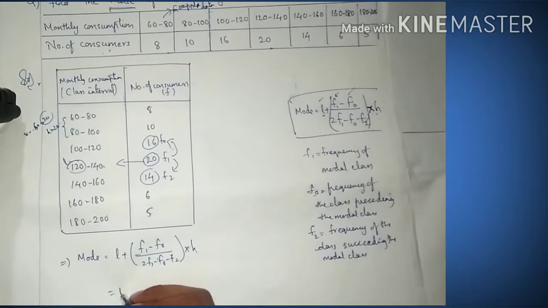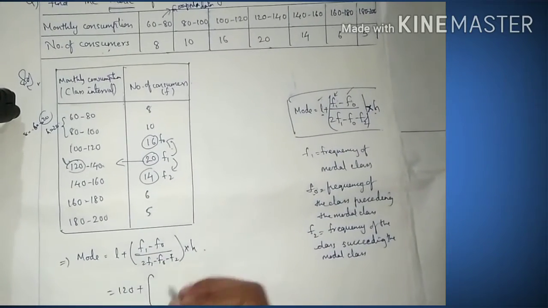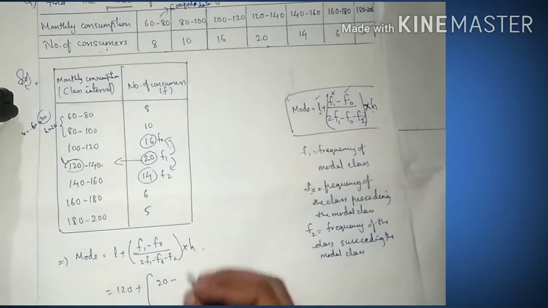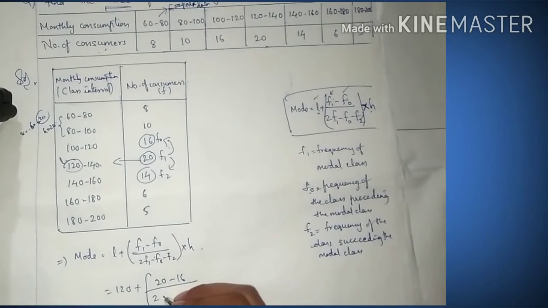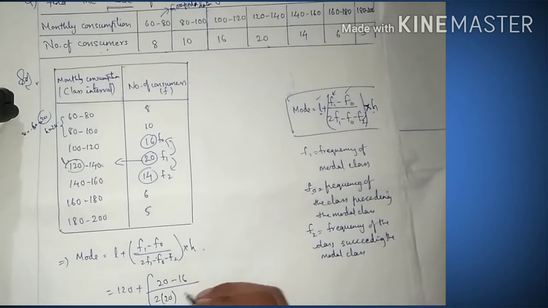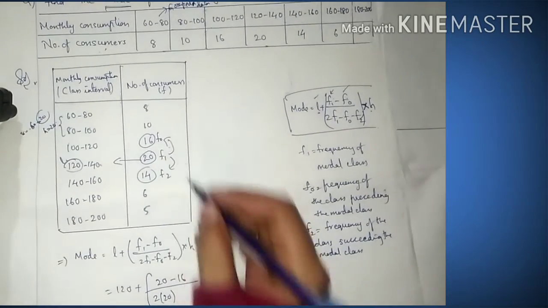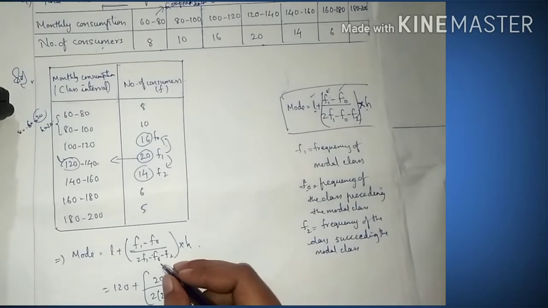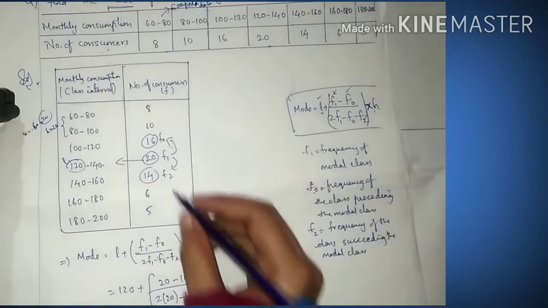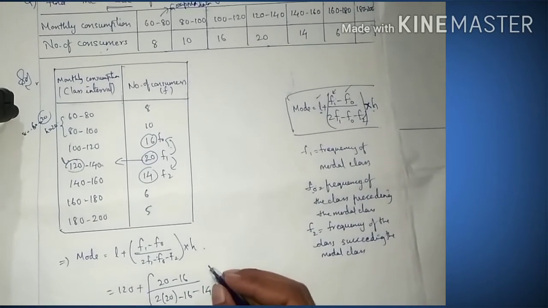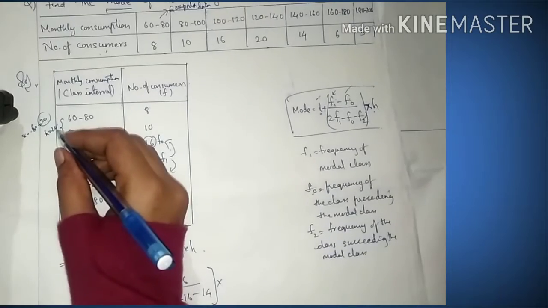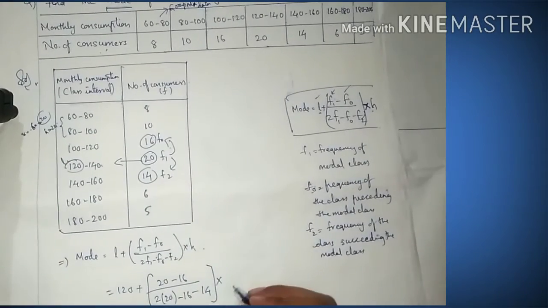L is 120, plus, in brackets, f1, the highest frequency 20, minus f0, 16, over 2 times f1, 20, minus f0, 16, minus f2, into h. h is the height, 20.